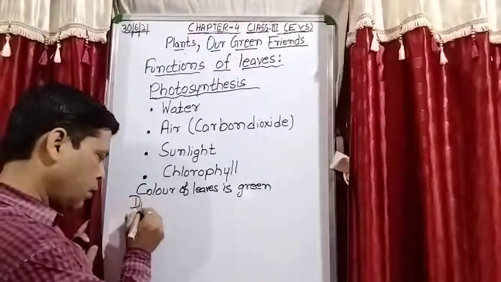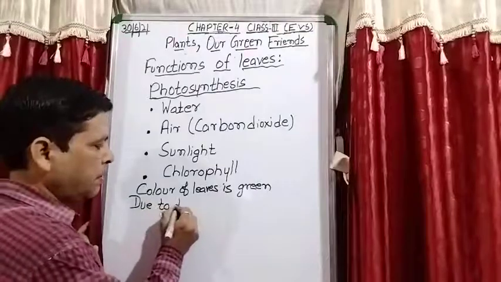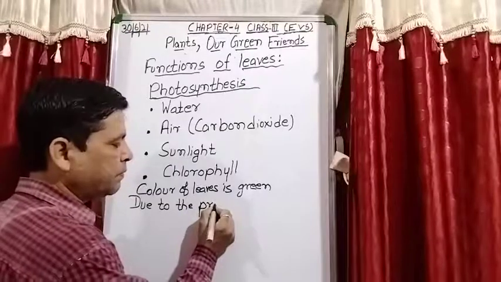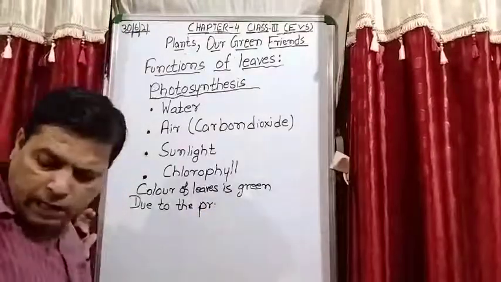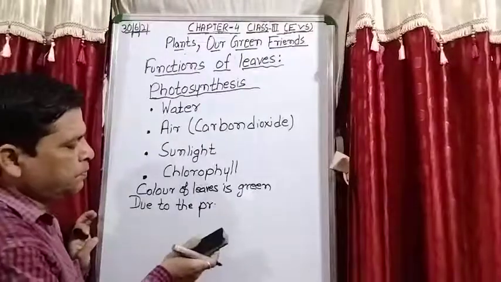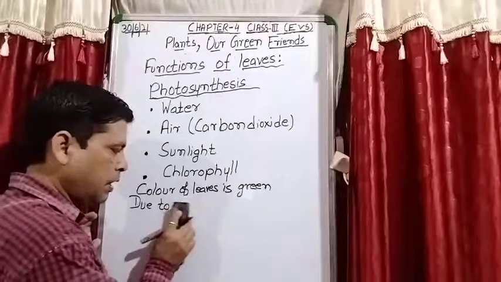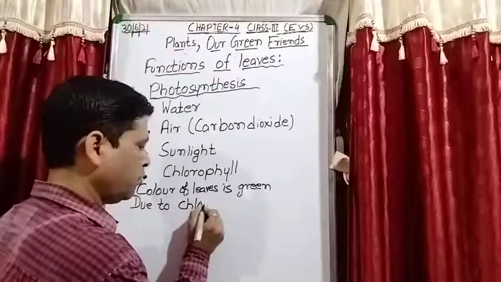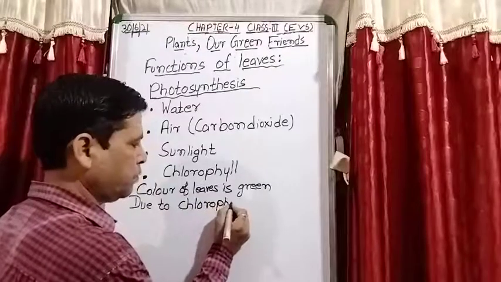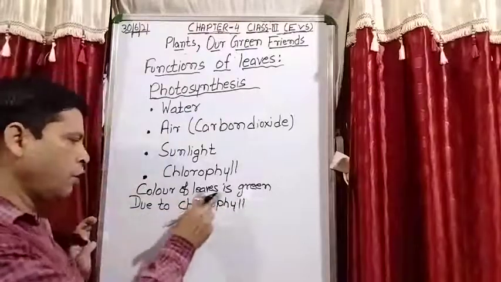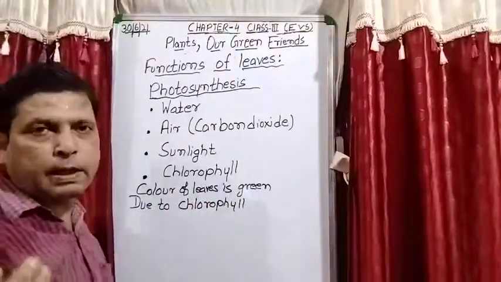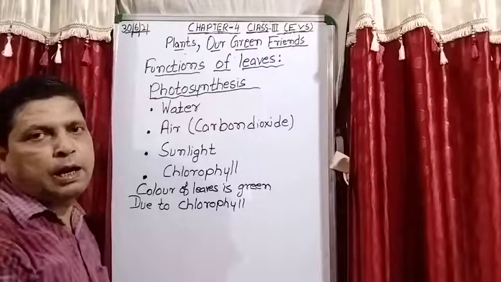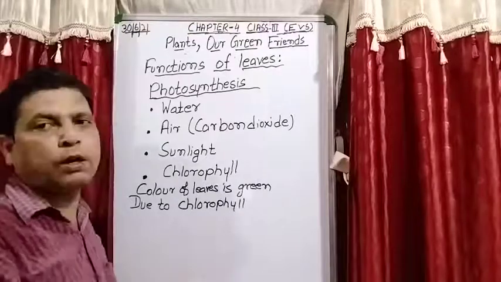Due to the presence of chlorophyll. The color of the leaf is green due to chlorophyll. It is a pigment. Chlorophyll is a pigment which is present in the leaves. That is the reason the color of the leaves is green.